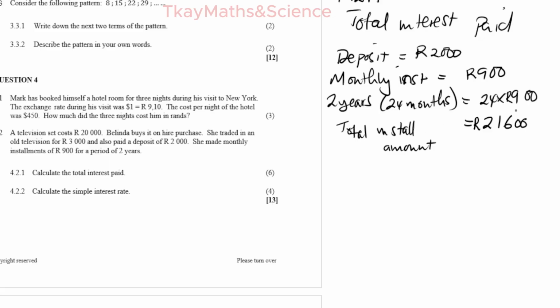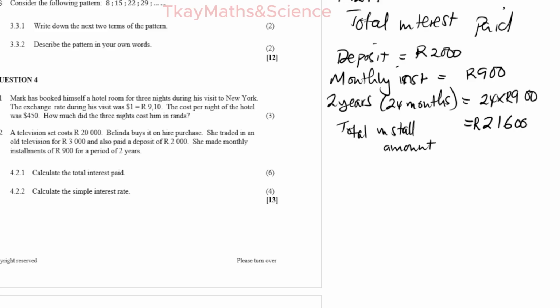Okay, so we get 21,600. All right. So that is the installments. Now the total interest paid. The television costed 20,000, that is in cash.